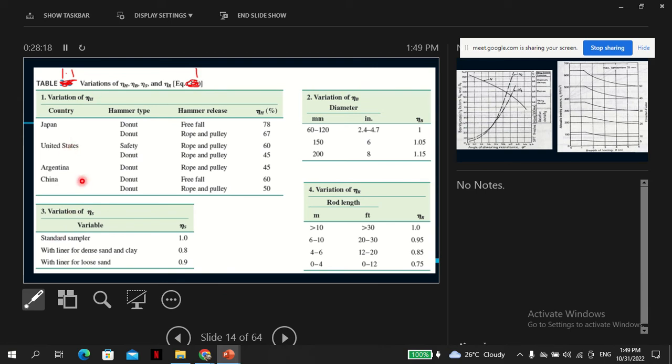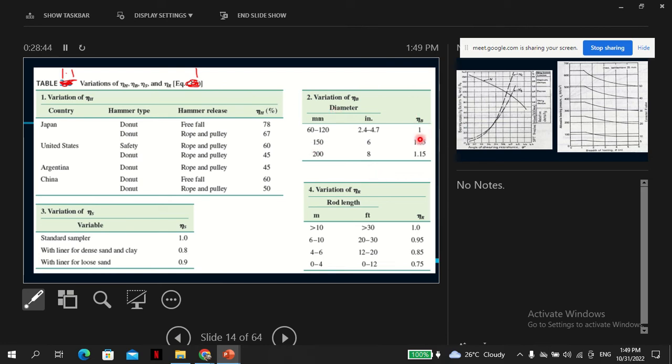We refer mostly to the US and ASTM. So these are the efficiencies for different hammers, and these are the correction values, NH, so to speak. And these are for different variations of whether there is a sampler or not, and the diameter of the hole.